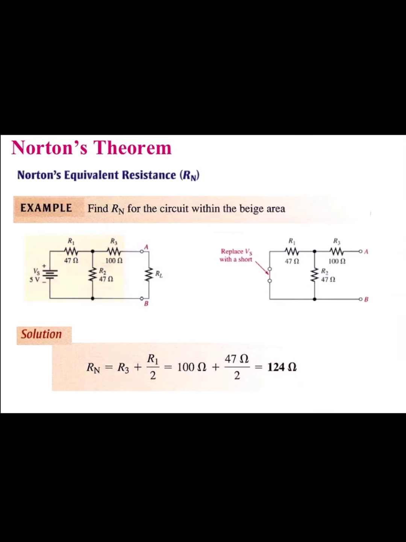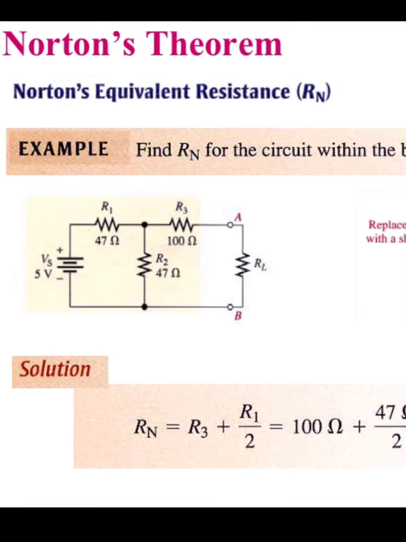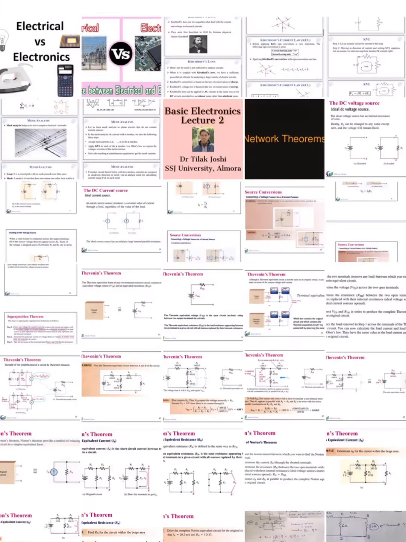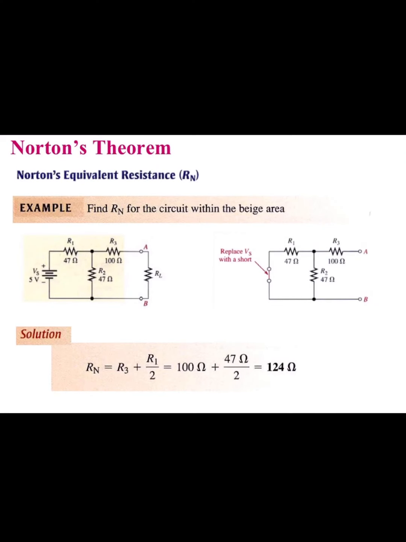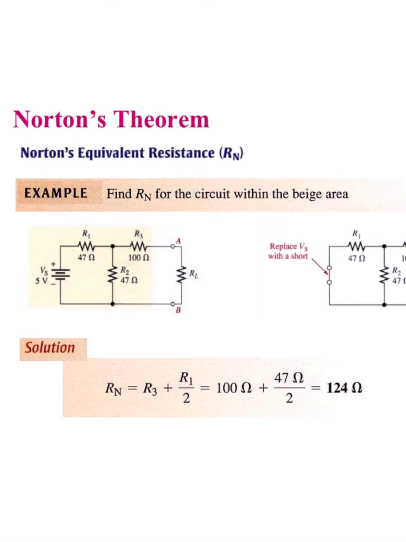Now let us see how to find RN. For RN, as we used to do for the Thevenin theorem, we will calculate the total resistance of the network when we replace this voltage source.